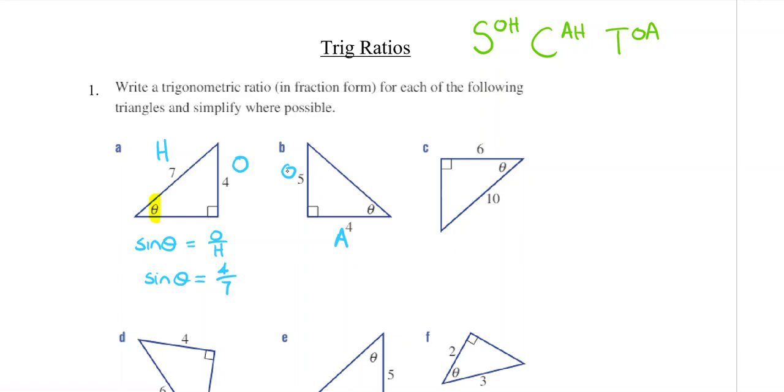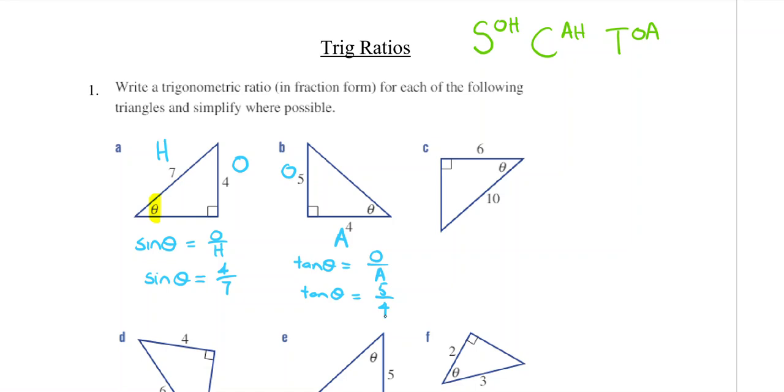There's my opposite and adjacent right there. So we're using the tan formula this time. Tan theta equals opposite over adjacent. Sub the numbers in. Tan theta equals, what is the O number? 5, so 5 on top, and then A on the bottom is the 4.